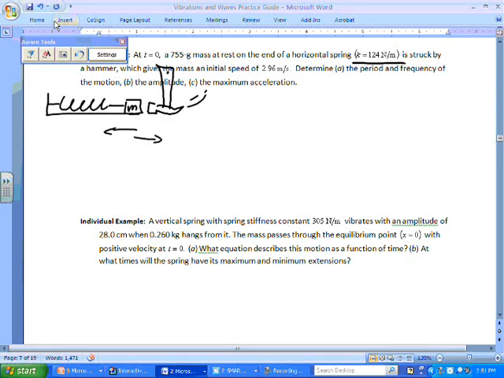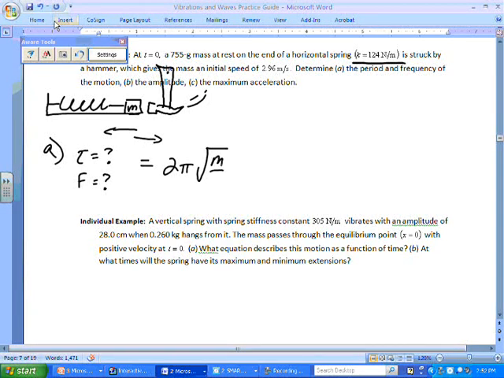We want to know the period and the frequency, and we'll start there. So we have an expression for period, and period is just 2 pi times the square root of m over k.